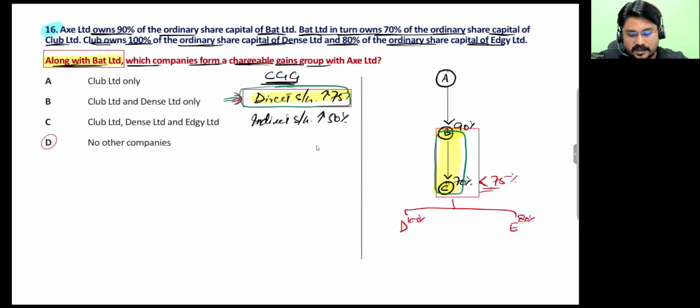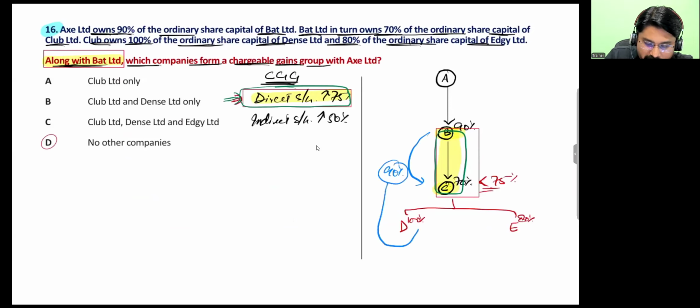Okay, you are asking how we can calculate. For example, let me guide you. For example, B owns 90% of C, then how can we check the indirect shareholding? We check the indirect shareholding by multiplying these two percentages. It will be 90%, and then indirect shareholding 90% into 80% is 72%.